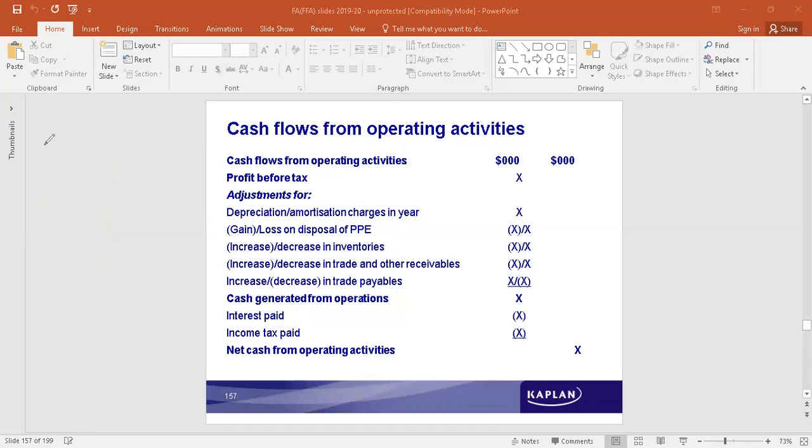See, when the trading P&L account is prepared, based on the rules of accounting, the items would be appearing on the debit side and credit side. So they are allowed to be shown. It is an accrual basis method that is followed when the trading P&L account is prepared. So all the expenses are accounted here.